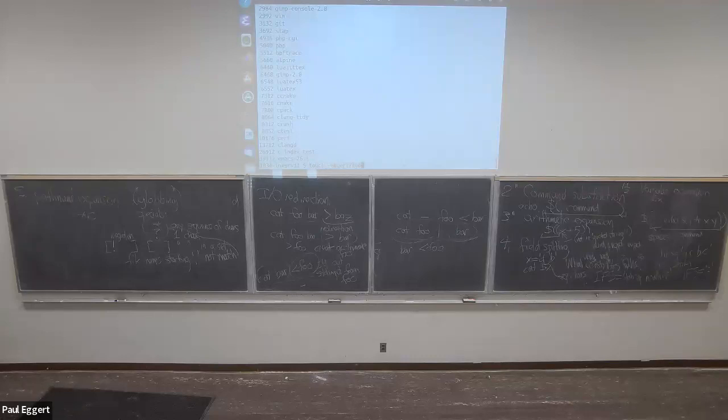So I'm going to touch Eggert/foo, and cat Emacs 26.1 and Eggert/foo and send the output to Eggert/foo. Right? And this cat is smart enough to notice that it would go into an infinite loop.